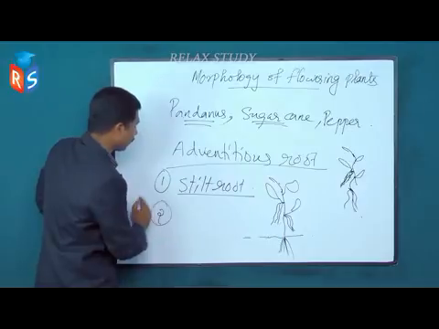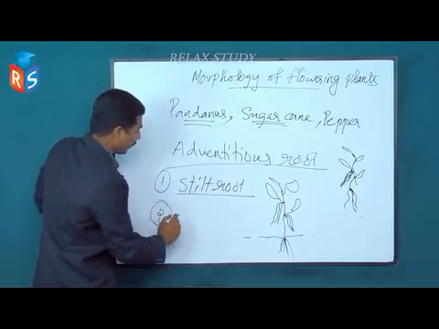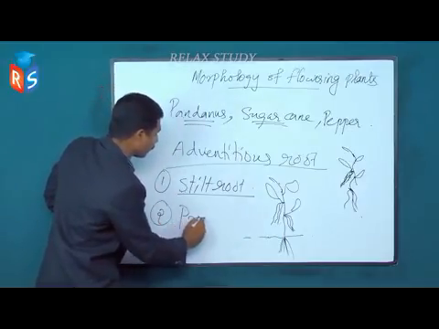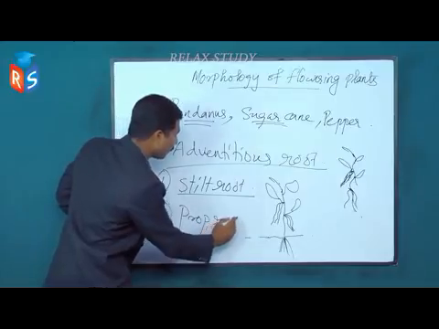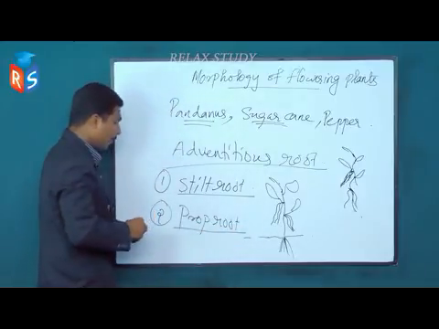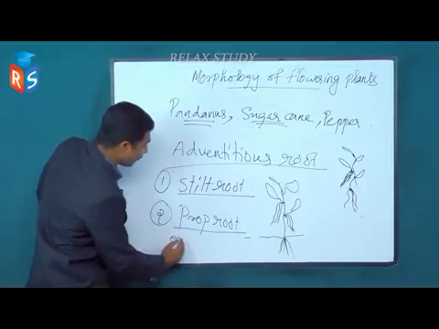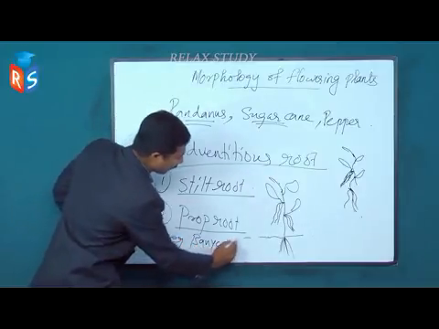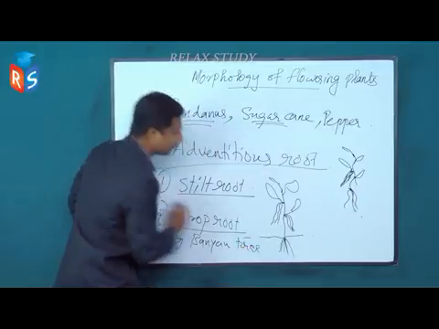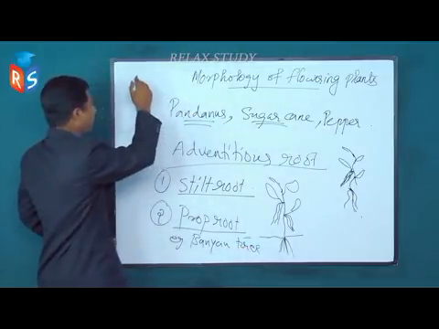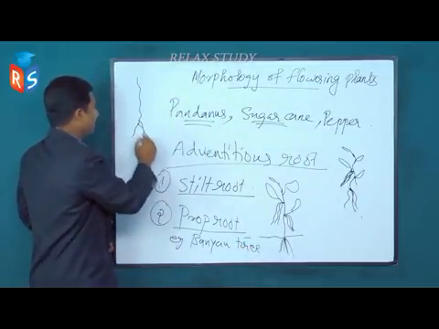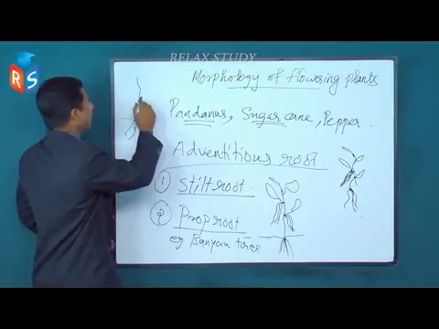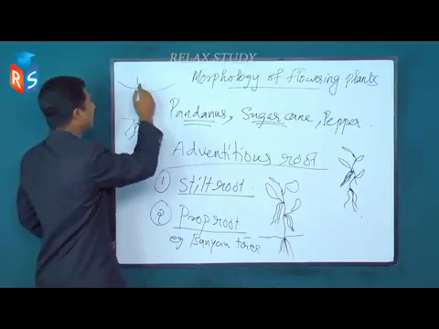Then the second type of adventitious root is prop root. Prop root example you can see in banyan. If you look at a banyan tree, this is the surface layer of soil, and some branches are here.